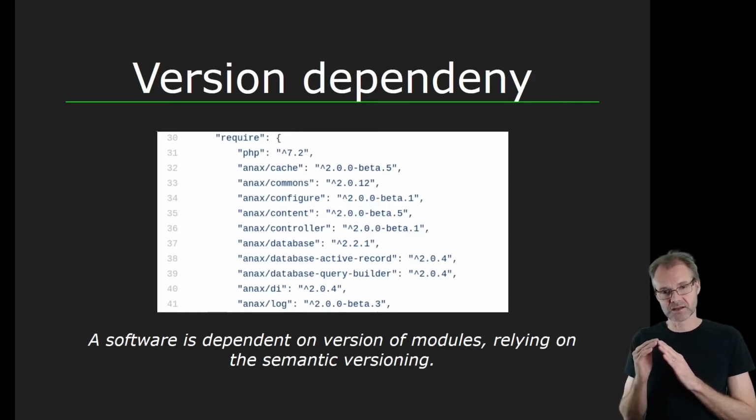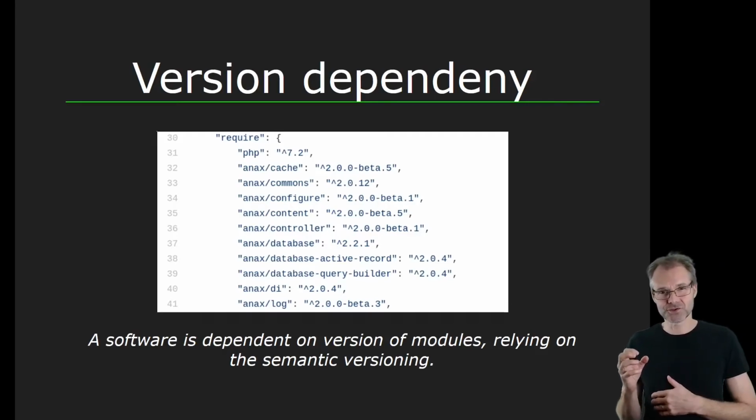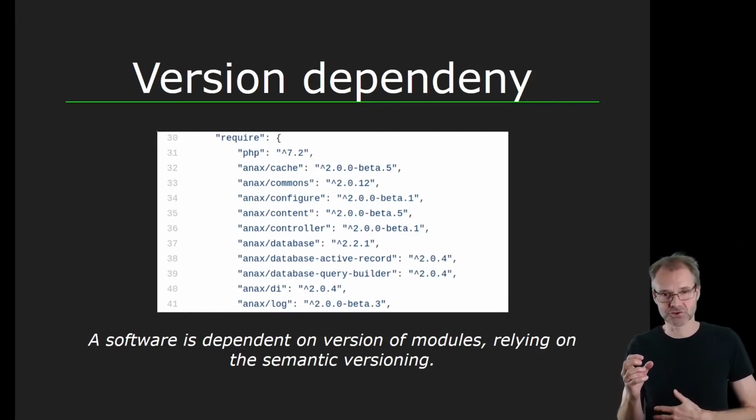Should I rely on the third figure or the second figure? How should I relate to that? So version numbers are important, and you should use them in a controlled manner so we know what each change in version really means.